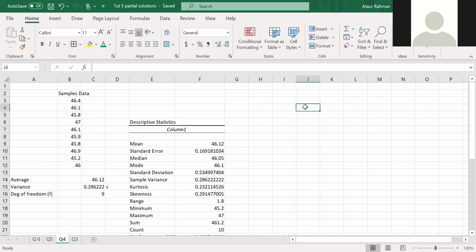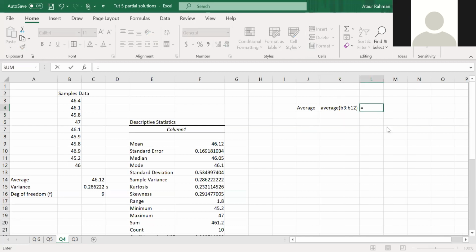So we'll find the average. The average of the data, the function is AVERAGE of B3 to B12. So I am finding the average of these values quickly.